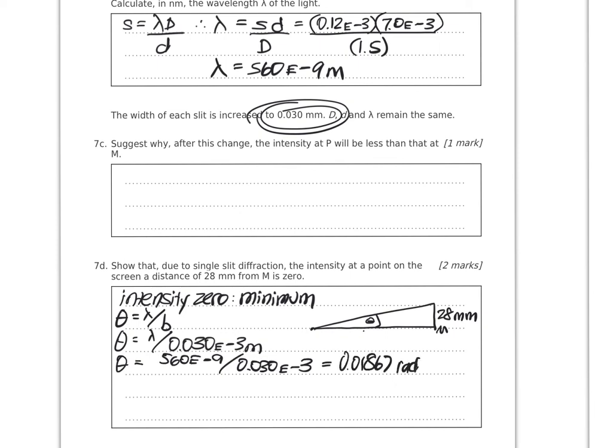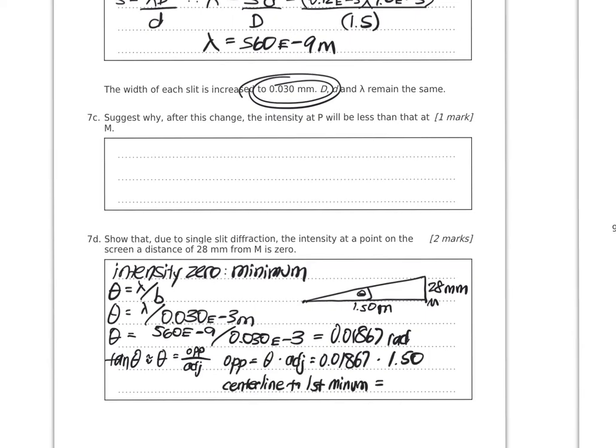And we know that the distance to the screen is still 1.5 meters. So I can now do tangent of theta, which is equal to theta for very small angles, equals opposite over adjacent. So basically what I want to prove is that the opposite side does in fact wind up being 28 millimeters. And so when we do 0.0187 times 1.5 from the center line to the first minimum, we wind up with 28 times 10 to the negative 3, or 28 millimeters.